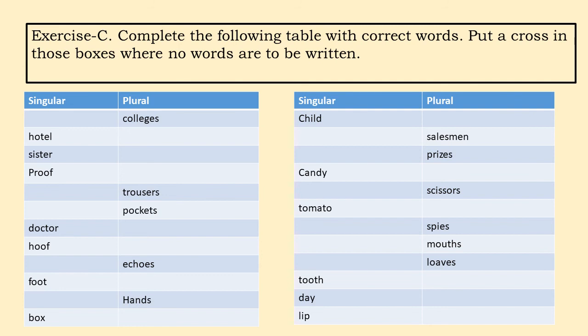Mouths. Loaves. Tooth. Day, and lip. So this was all about the second table. So we have to correct the answers in the next slide. So are you all ready? Good. Let's proceed.